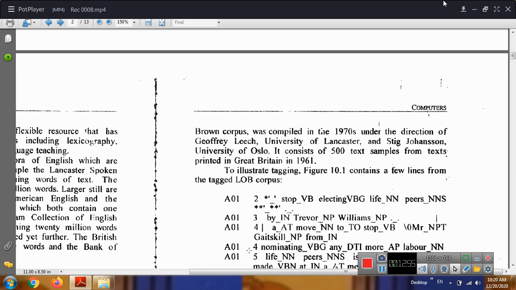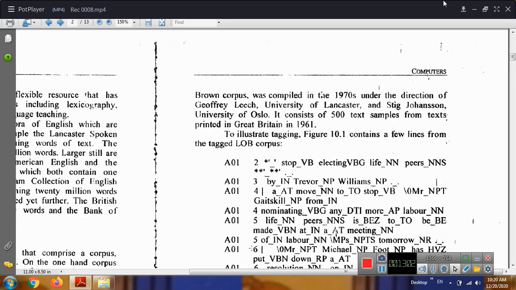It consists of 500 text samples from text printed in Great Britain in 1961.